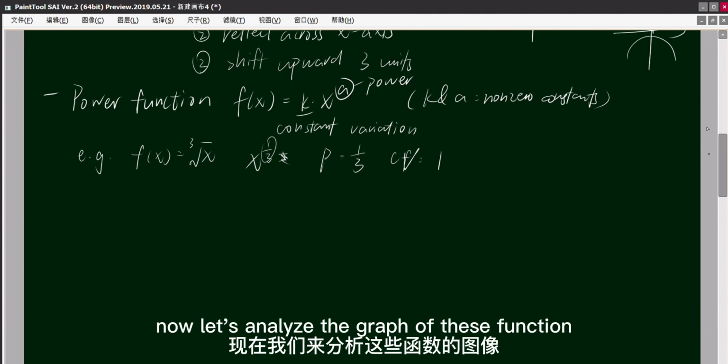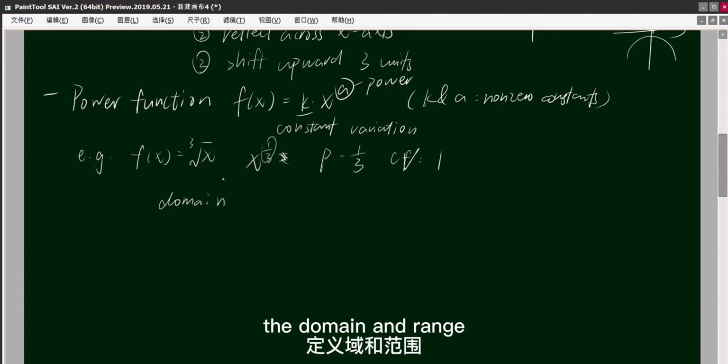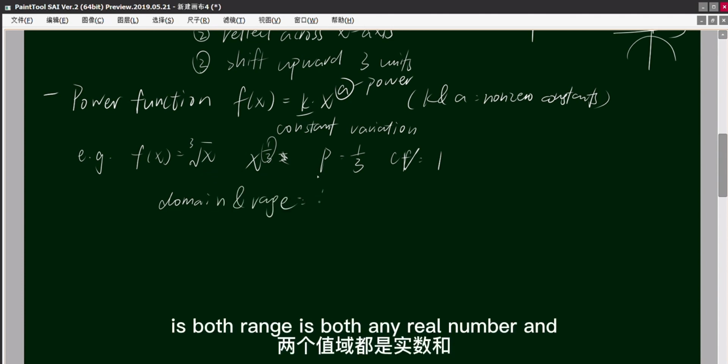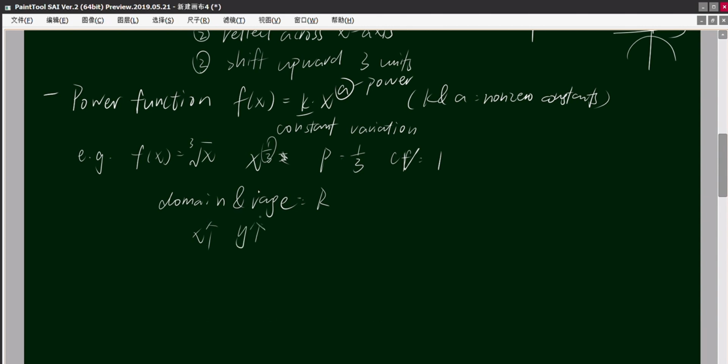And now let's analyze the graph of this function. The domain and range are both any real number, and when x increases, y also increases. And symmetry.